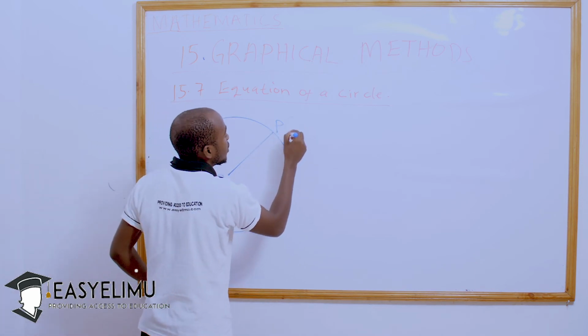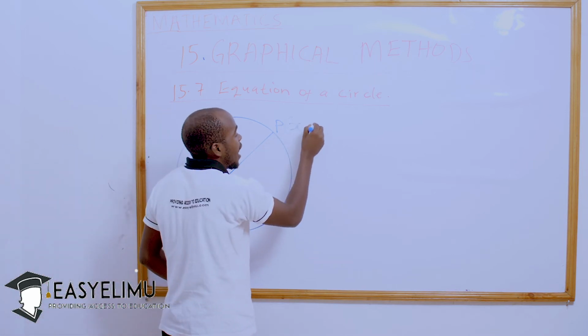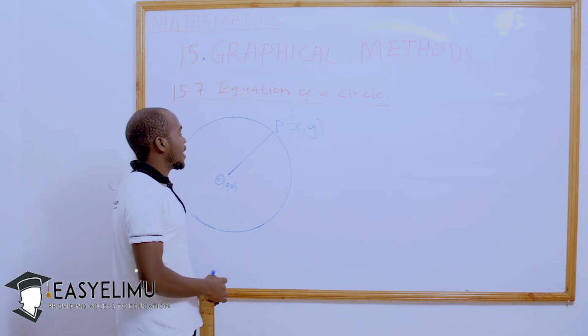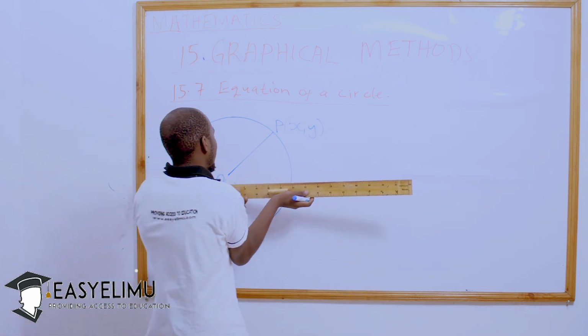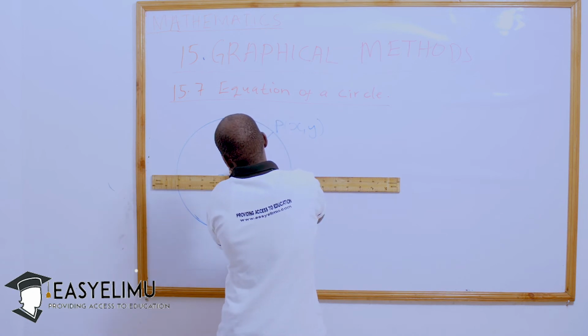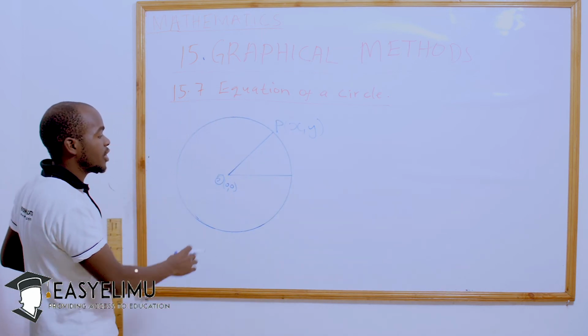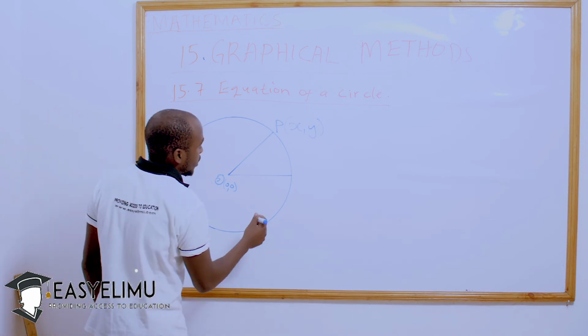So this point P which we select will have coordinates x and y. We can extend this out, in case we want another radius in the direction of the x-axis.